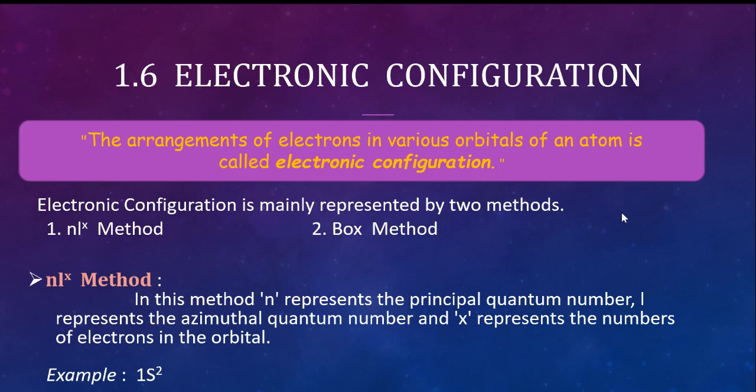The quantum numbers deal with the electron completely. That means where the electron is, in which orbit it is, in which direction it is spinning, what its energy is, what its mass is, everything. The complete address of the electron can be known from these quantum numbers.